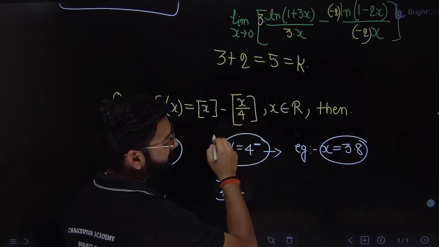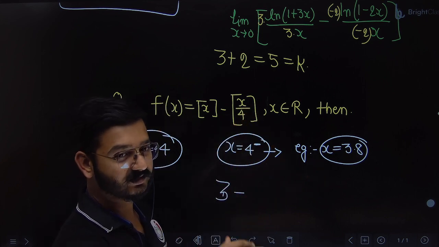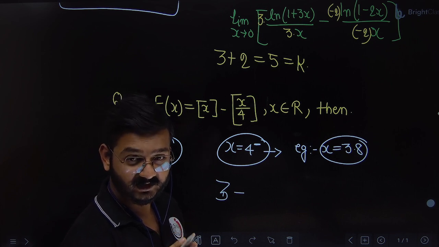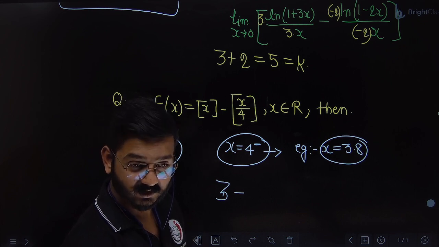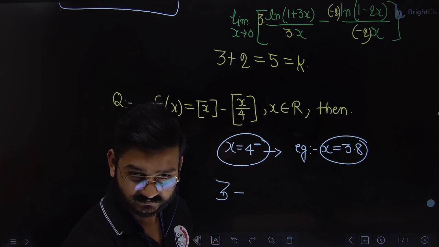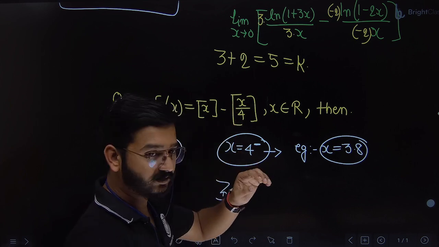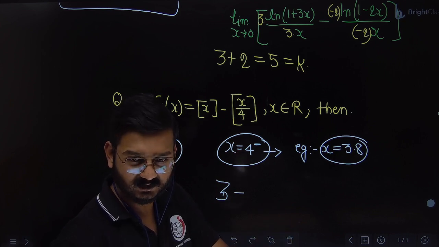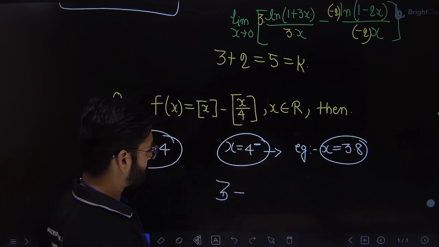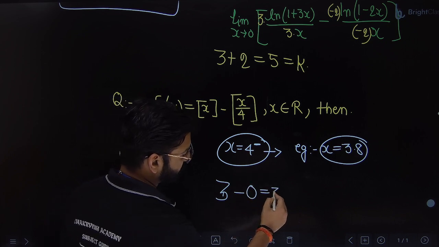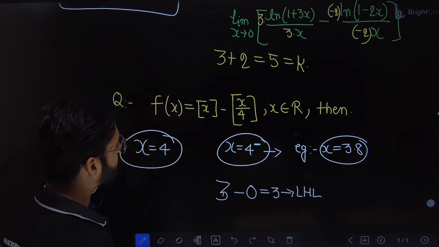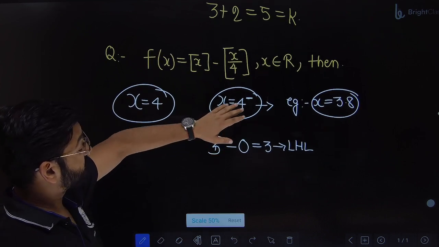Now 3.8 by 4 will be less than 1 or greater than 1? Less than 1. Suppose you are getting 0.8 when you divide 3.8 by 4. So what is the greatest integer of 0.8? 0. So this is your left hand limit.